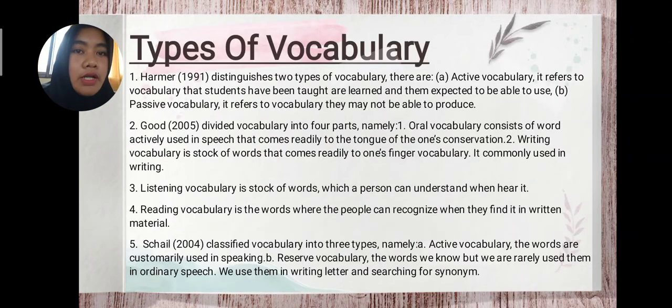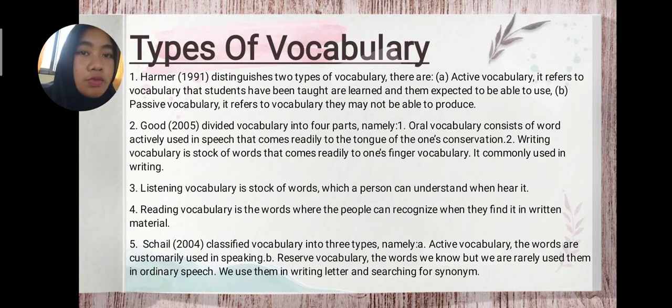Types of vocabulary. Harmer, 1991, distinguished two types of vocabulary. There are active vocabulary, which refers to vocabulary that students have been taught or have learned and are expected to be able to use, and passive vocabulary, which refers to vocabulary that students might not be able to produce.